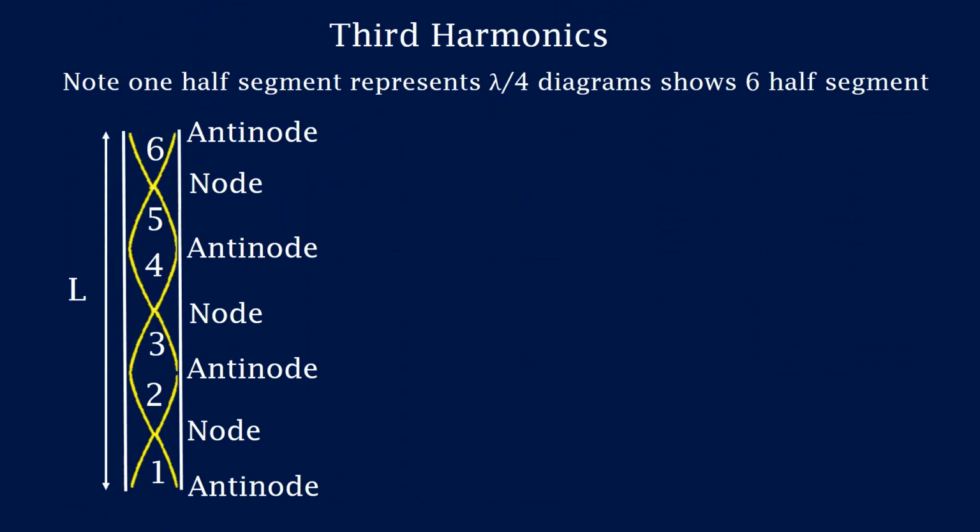Third harmonic. As shown in the diagram, we have 6 half segments and each half segment is equal to lambda by 4. Therefore, tube length L is equal to 6 times lambda 3 by 4, or L is equal to 3 by 2 of lambda 3.